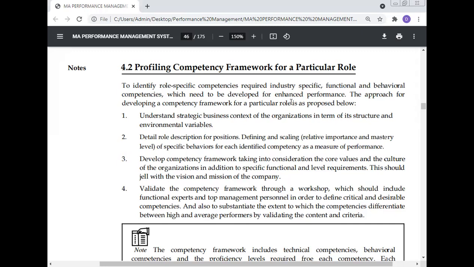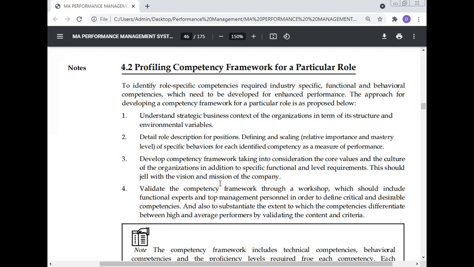Develop the competency framework taking into consideration the core value and culture of the organization in addition to specific functional and level requirements. This should gel with the vision and mission of the company.